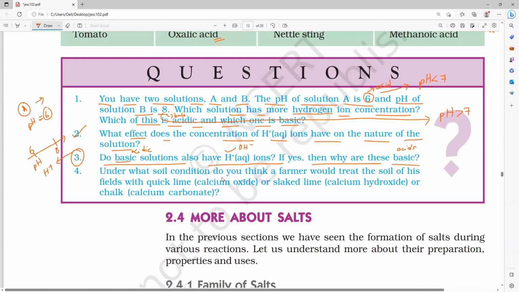Yes, the acidic solutions also have OH minus ions along with the H plus ions, but the OH minus ion concentration is very low as compared to the H plus ions. Am I right, everybody? So just replace it. All of you write that question also: Do acidic solutions also have OH minus ions? If yes, then why are these acids?